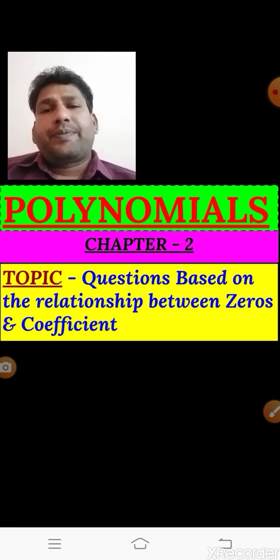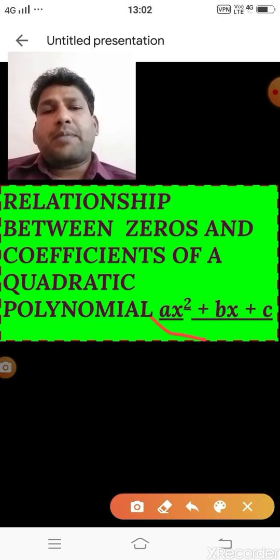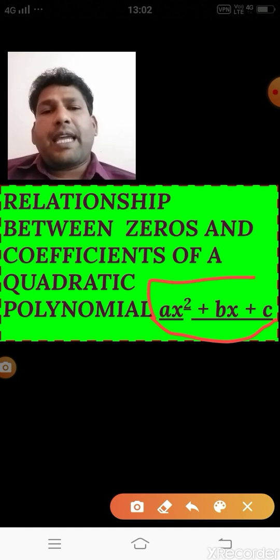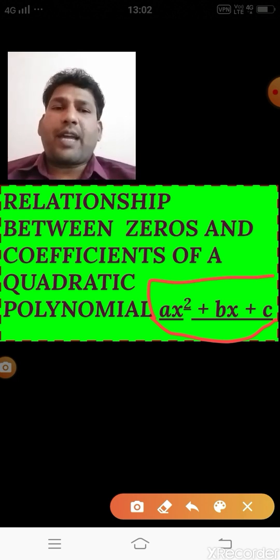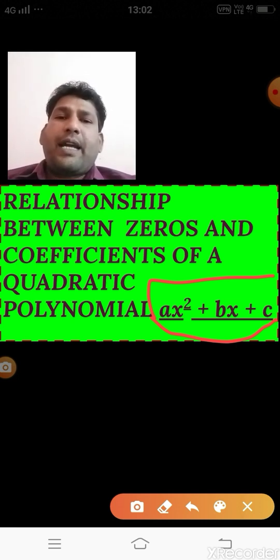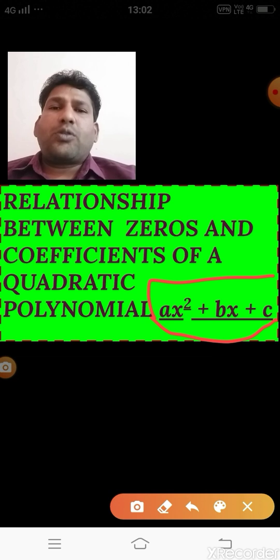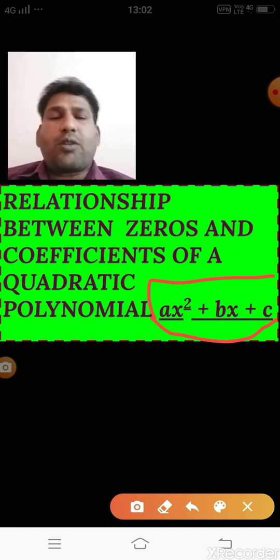And this relation we know: if you take a quadratic polynomial as ax square plus bx plus c, where a is the coefficient of x square, b is the coefficient of x, and c is the constant term, and if alpha and beta are the zeros of the polynomial, this relation we got in the last presentation also.